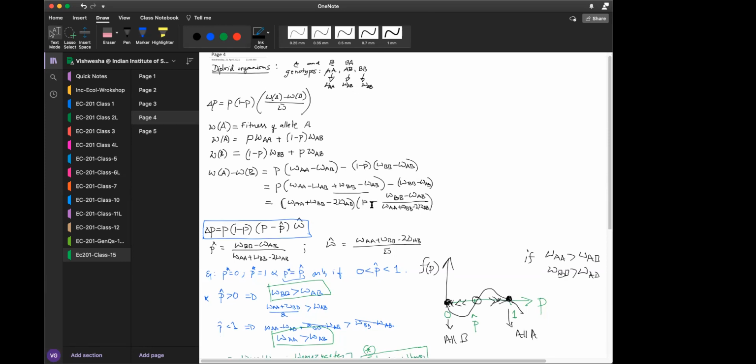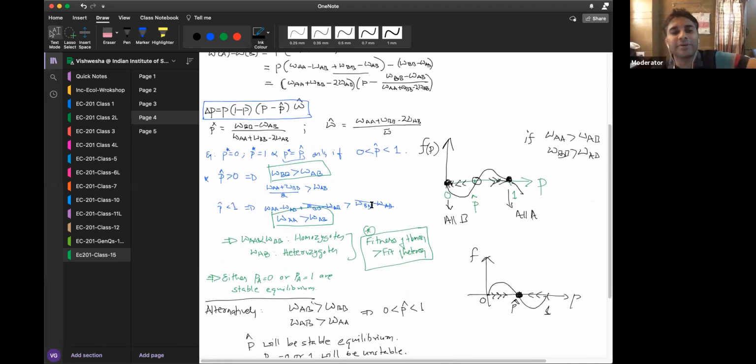What I said was, even if the homozygote AA is fitter than homozygote BB, which means a population of everybody AA has higher fitness than everybody BB, it is possible that everybody being BB is still a stable state, at least for local perturbations.